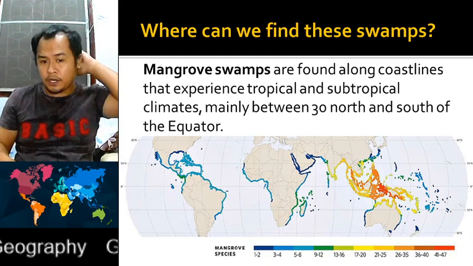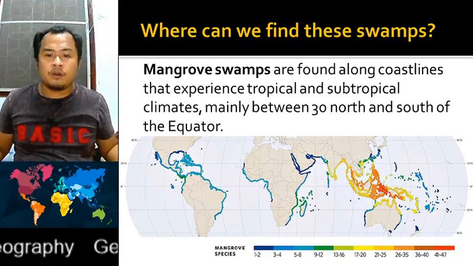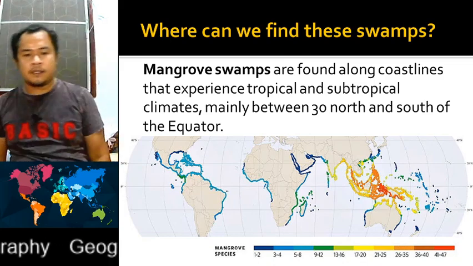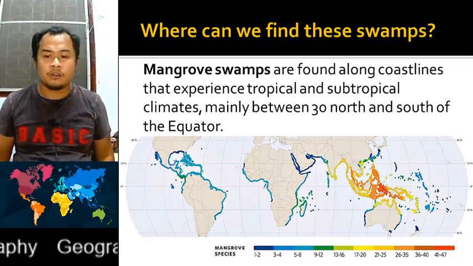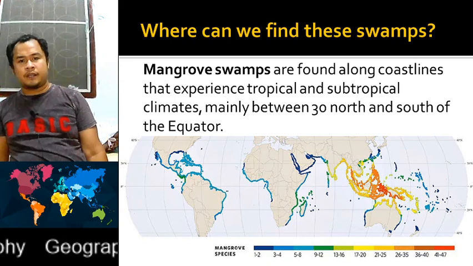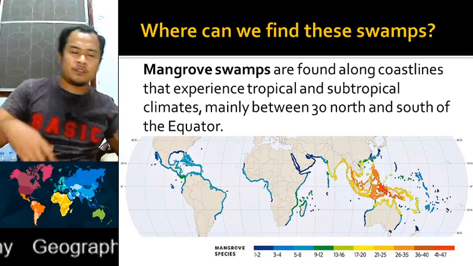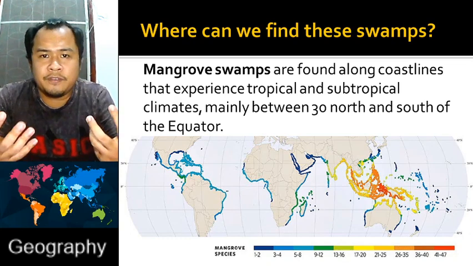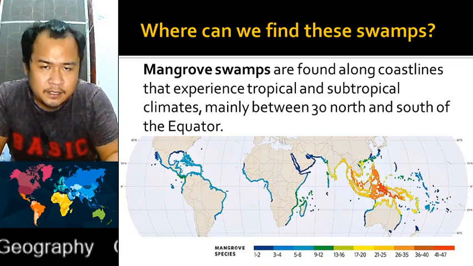And similar to coral reefs, mangrove swamps are also found along coastlines in the tropics, mainly between 30 degrees north and south of the equator. Again, the reason is that they need a certain water temperature to live better.